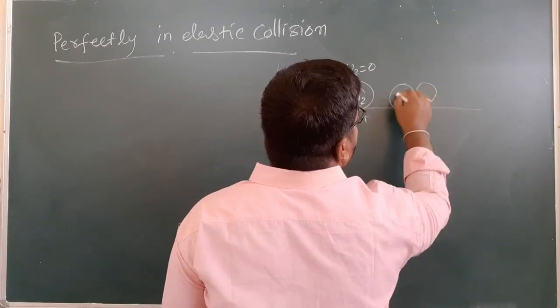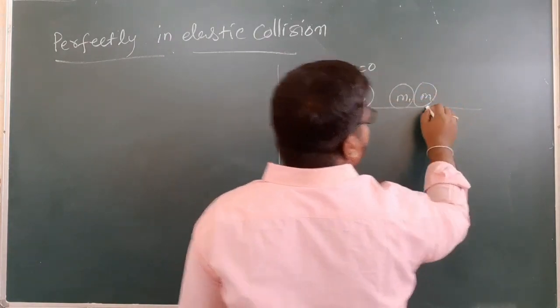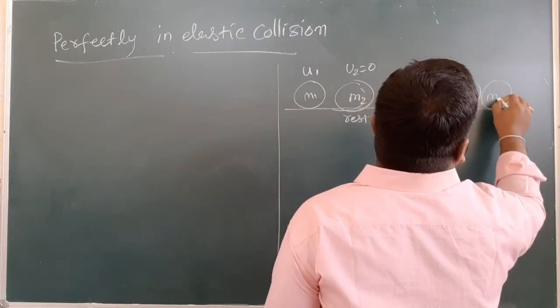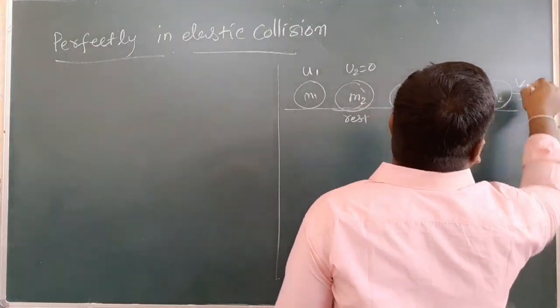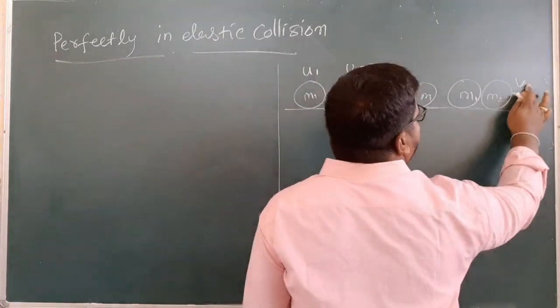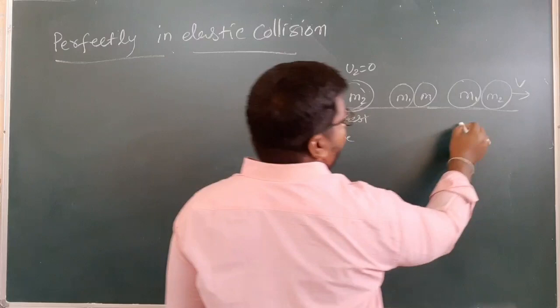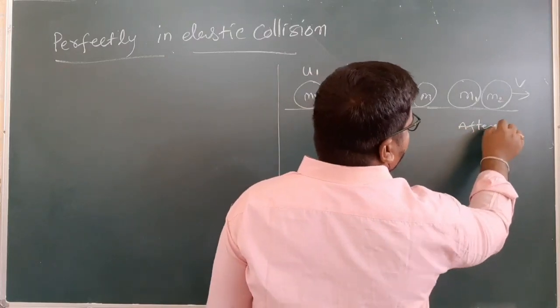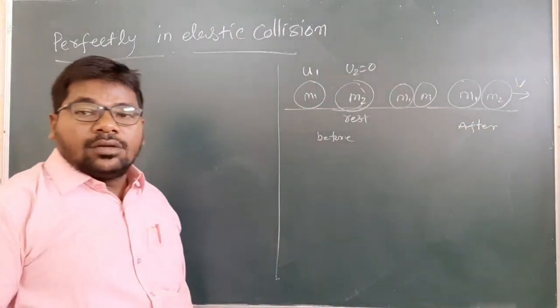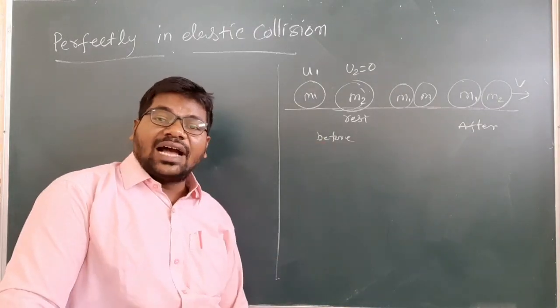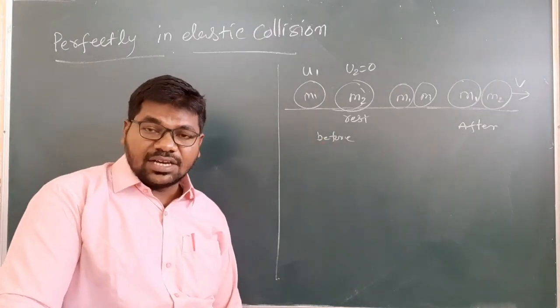After collision these two bodies are moving with the same velocity, that is v. Before and after collision, we have to find their velocity and kinetic energy.